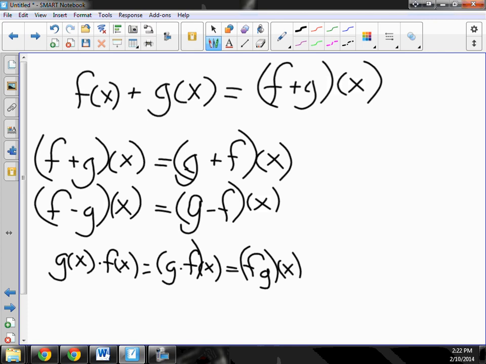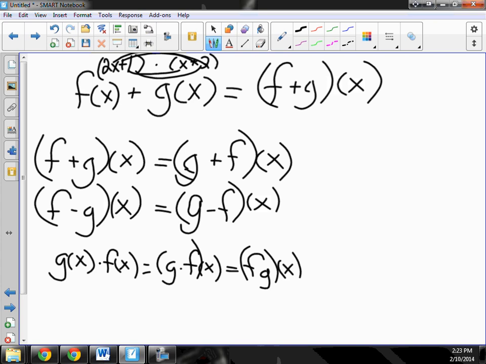And whether or not you put that dot there doesn't make a difference. So if my f of x was 2x plus 1, and my g of x was x plus 2, how would I figure out f times g of x? You just multiply these together, and you distribute. Does that make sense?